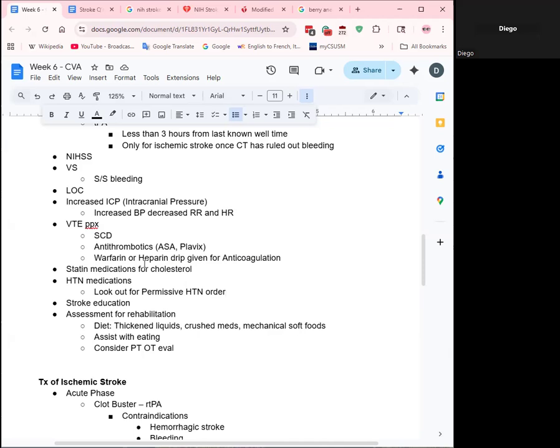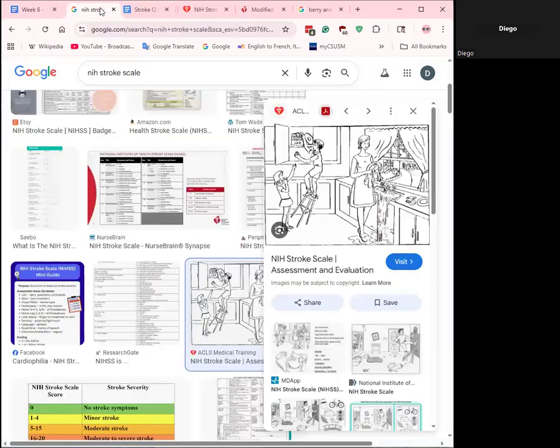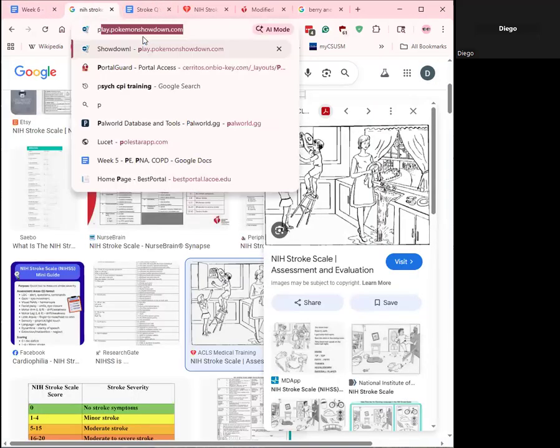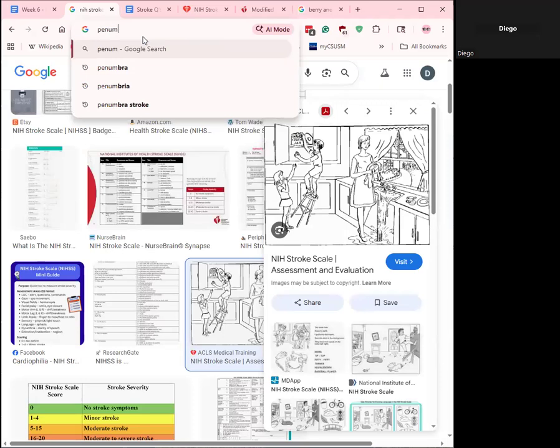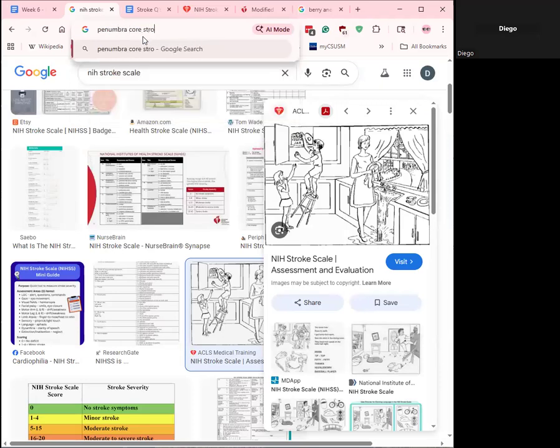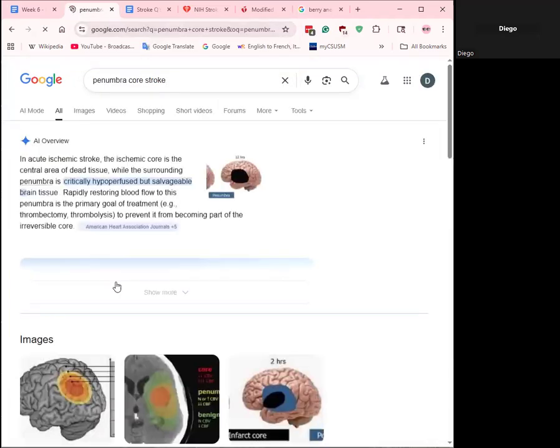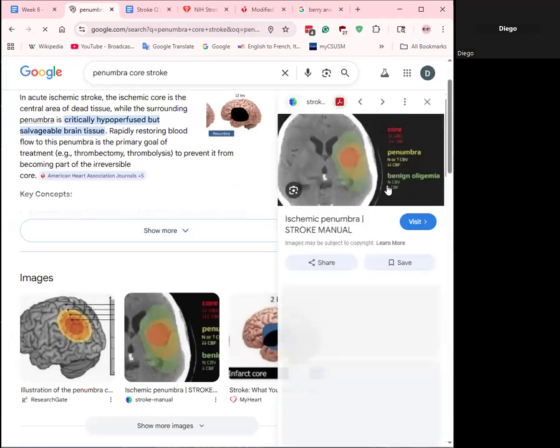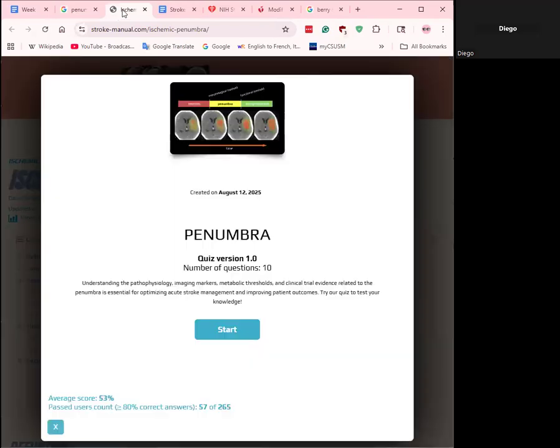The reason being that the patient needs better circulation to their brain. So the higher blood pressure would be to make sure that there's perfusion happening, reperfusing the area that had a stroke. So if I show you a picture of a penumbra with a core after a stroke, here's a decent one.